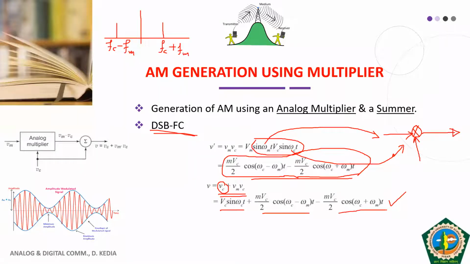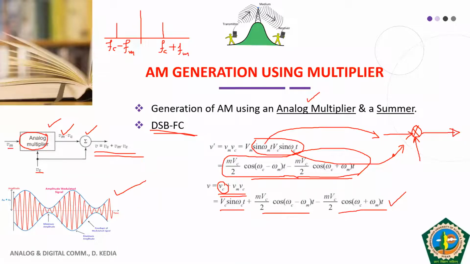So if we want to generate an amplitude modulated signal, the simplest method is to use a multiplier. This is the block diagram, whereby using an analog multiplier, which multiplies your modulating signal and carrier, we get the two sidebands, and then we add the carrier with a summer at the last, and we get the complete AM signal like this.